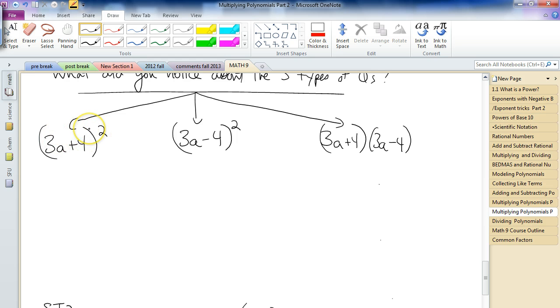But there's one little trick. So what is 3a squared? It's 3a times 3a, which is 3 squared is 9, and a squared is, well, just a squared. Leave some space. What's 4 squared? 16.